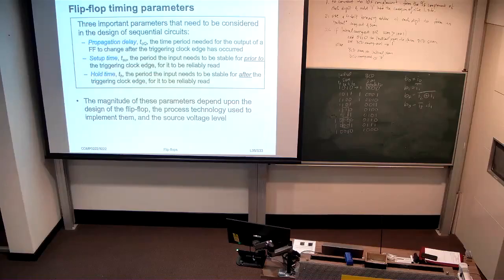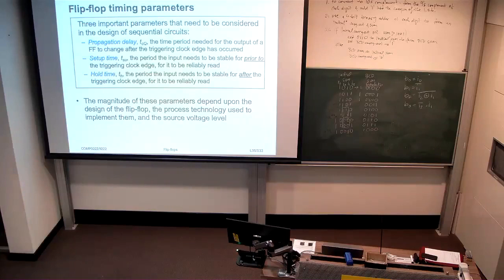Negative edge triggered flip-flop, it's after the clock goes low. So it's the time between that instant occurring and the output changing as a consequence of that. Okay? I'll define these first and then show you a little bit more about them in the subsequent slides.